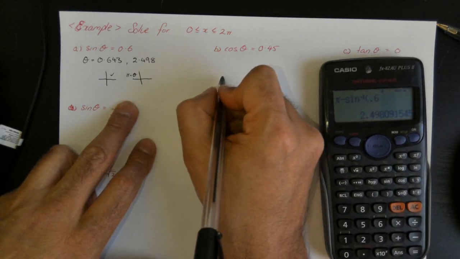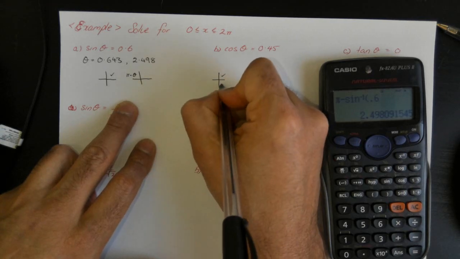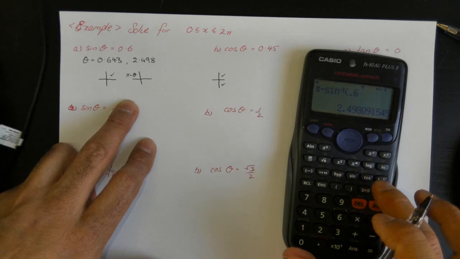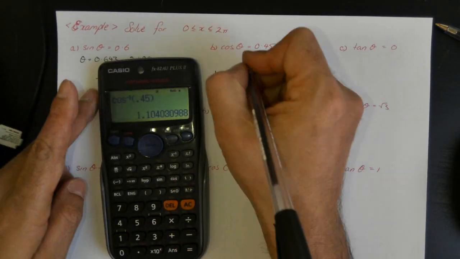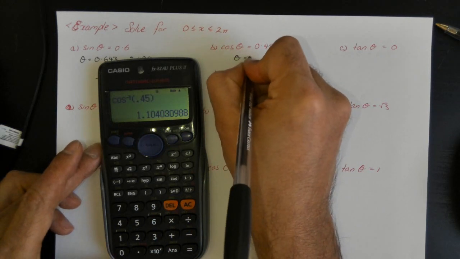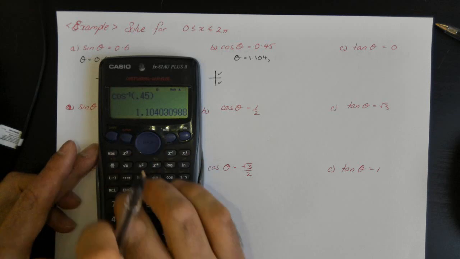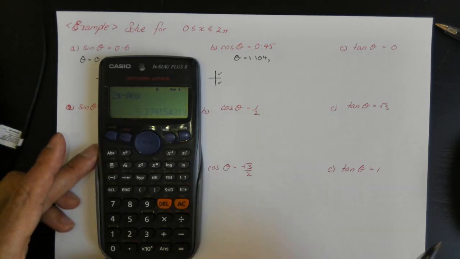Okay. So cos is positive in the first and fourth quadrant. So cos is 0.45. We get 1.104. And then we also get 2 pi minus that.